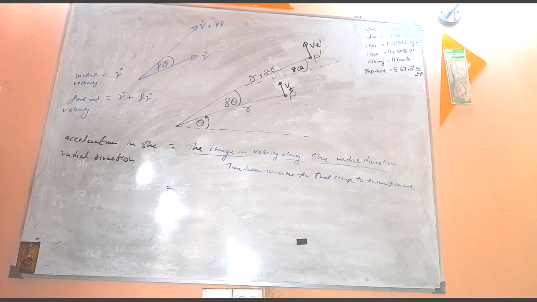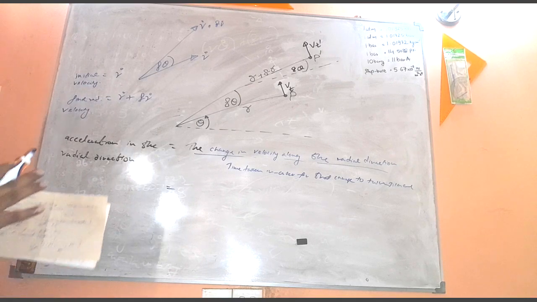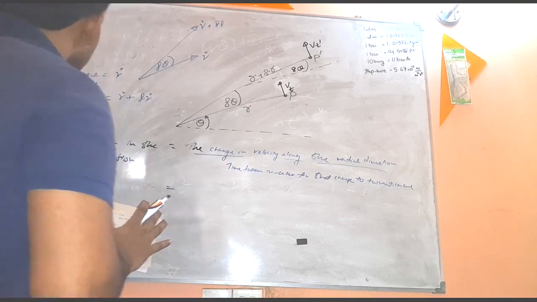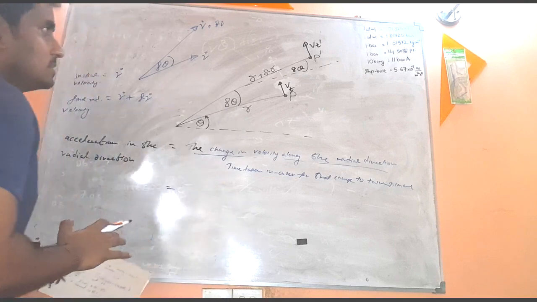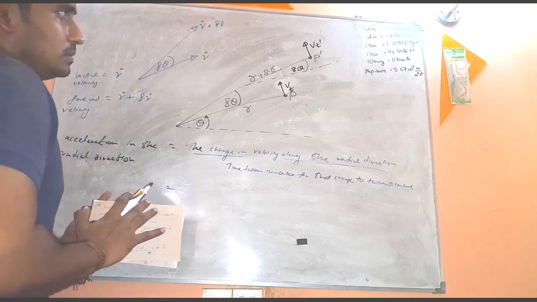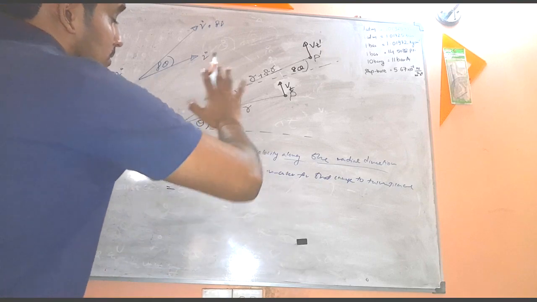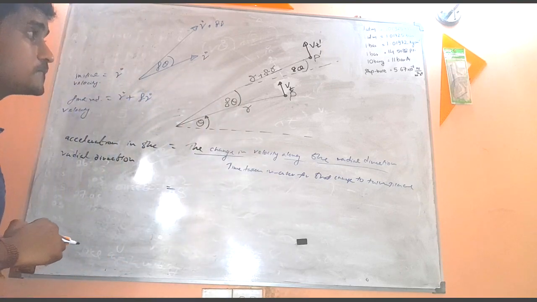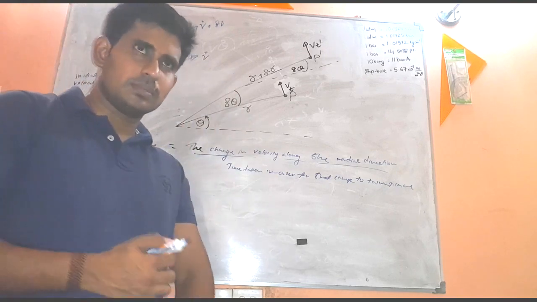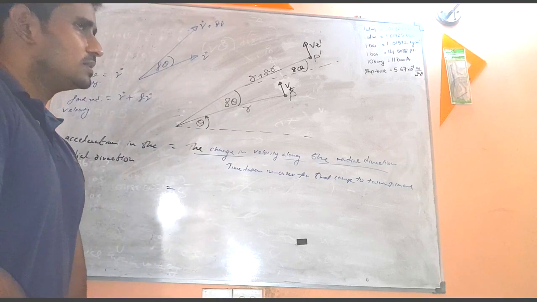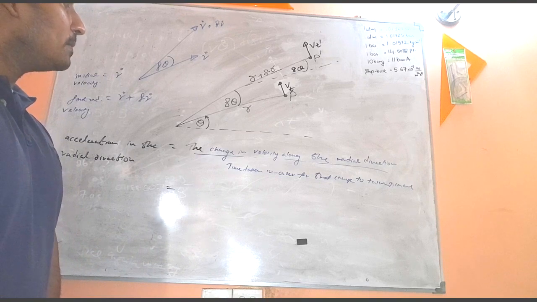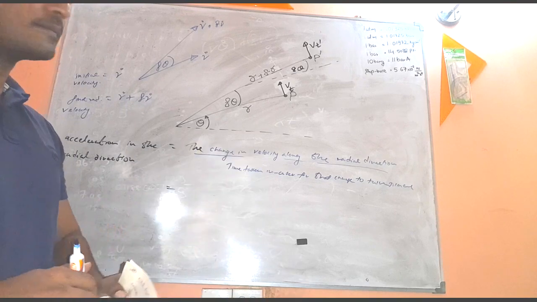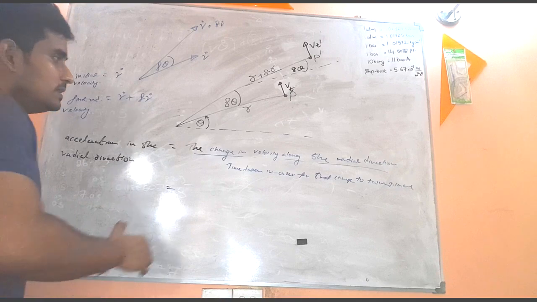So now, what is the final radial velocity? Now here we have a kind of a doubt, because we have to consider certain components, right? Because the original direction is something else.